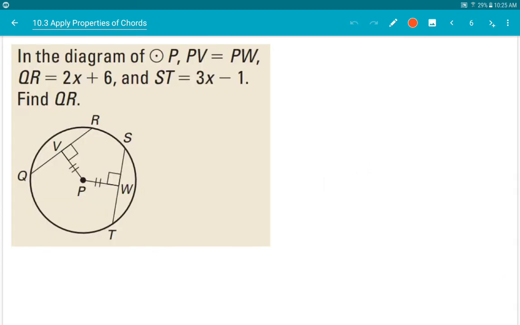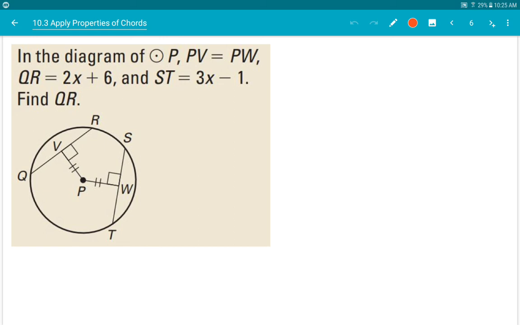All right, so let's look at this example here. In the diagram of circle P, it says the length of PV is equal to the length of PW. So they already marked that for us. They told us that they're congruent. The length of QR is 2x plus 6, and the length of ST is 3x minus 1. Find QR.